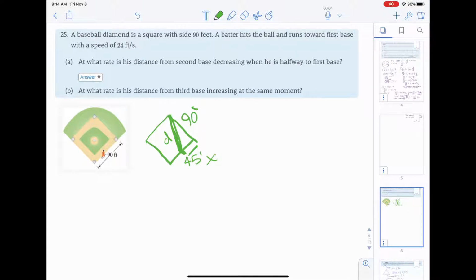So we can use the Pythagorean Theorem to get D squared is equal to 90 squared plus X squared. We also know that dx over dt is equal to 24 feet per second.